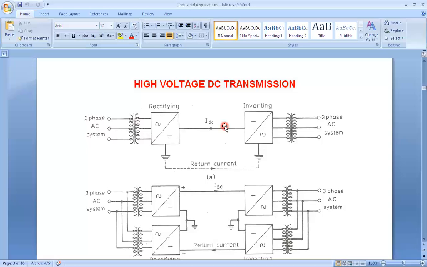And if any fault occurs in high voltage DC transmission system, we can clear this fault very fast, and therefore it improves the stability of the power system in transmission cases.